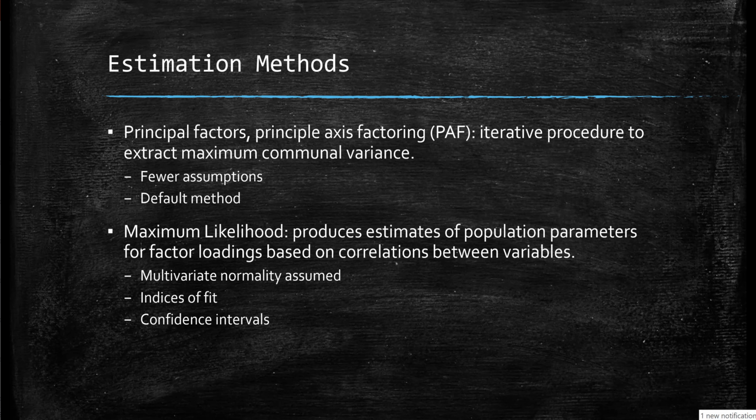But the added benefit is that it allows one to have more fit indices. So if you want to compare different models, such as a two-factor solution versus a three-factor solution, you can use those fit indices to do that. It also allows for significance testing and confidence intervals, which the principal axis factoring method does not allow for. So those are the two that you're most likely to encounter. There's a handful of others that are less commonly used.